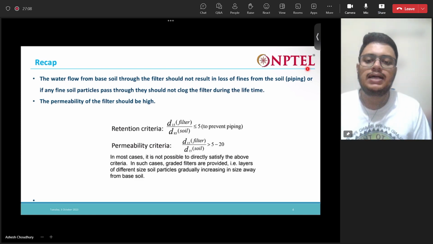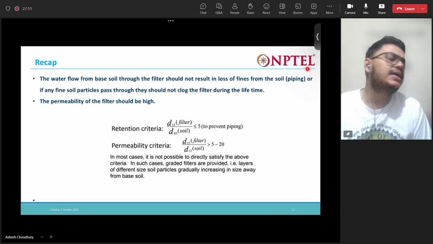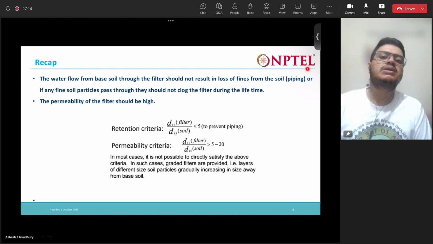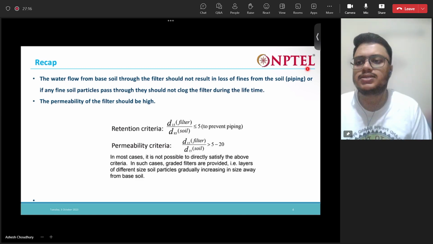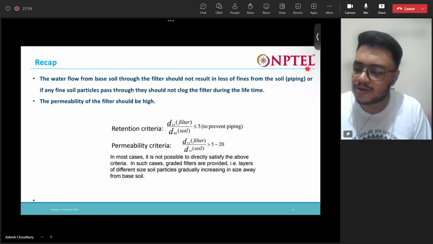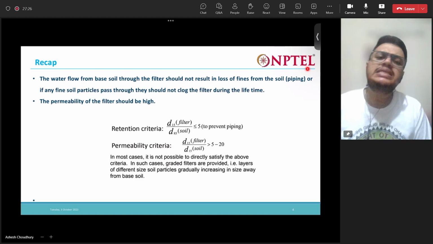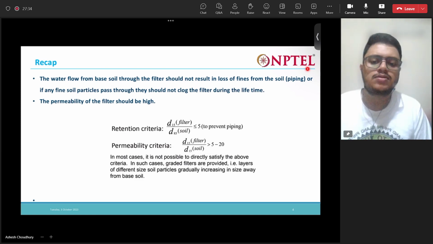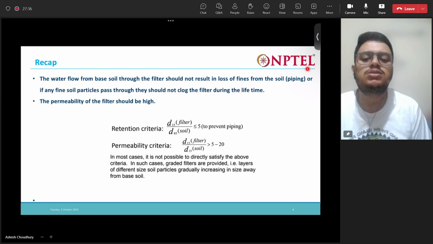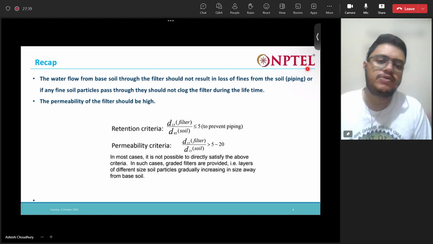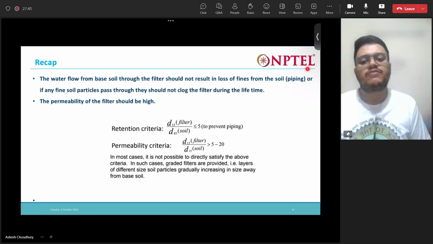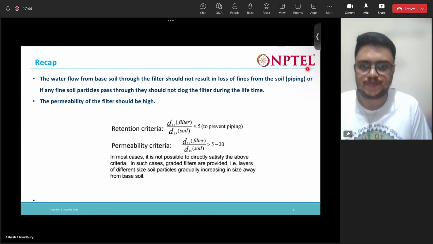Next, there are many criteria. Several criteria have been given by different researchers and different codes on how to choose the perfect filter for a certain type of soil.